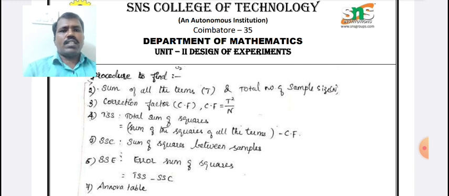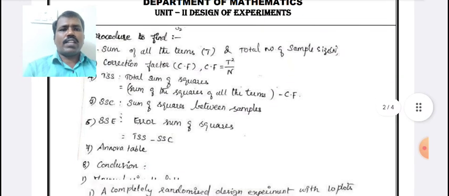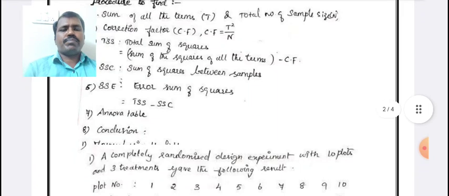SSC equals sum of squares between samples. SSE equals error sum of squares. Then the ANOVA table and conclusion. These are the solving procedures for completely randomized design.